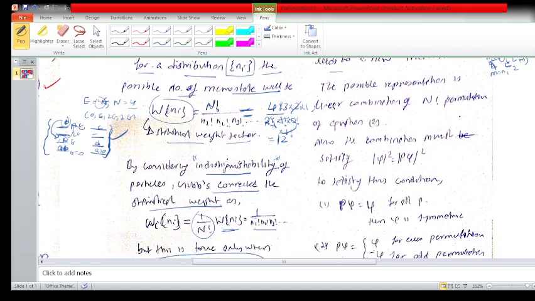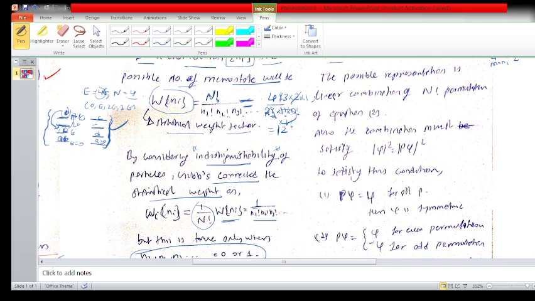Okay, so the possible representation is a linear combination of n factorial permutations of equation number 2. Along with that, this combination should satisfy a condition: mod psi squared should be equal to mod of P psi squared, where P is the permutation operation.